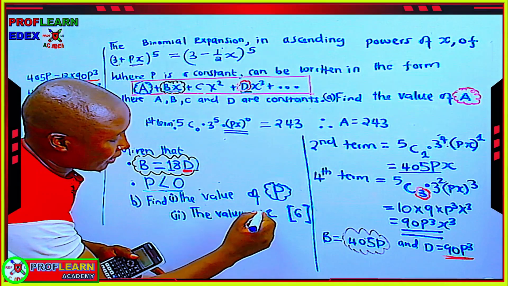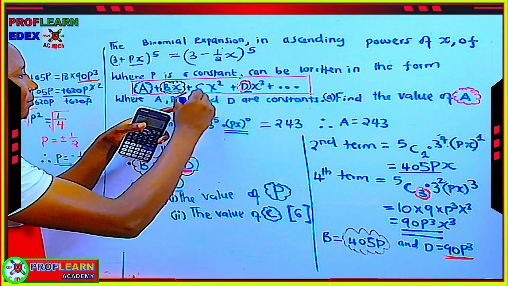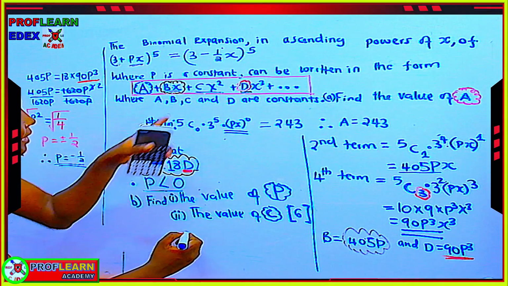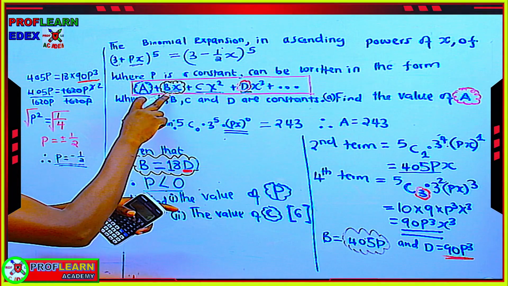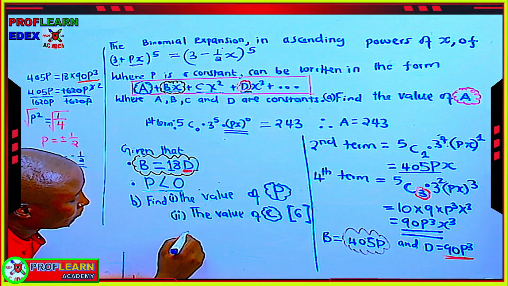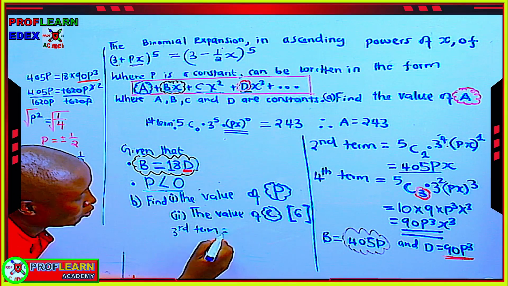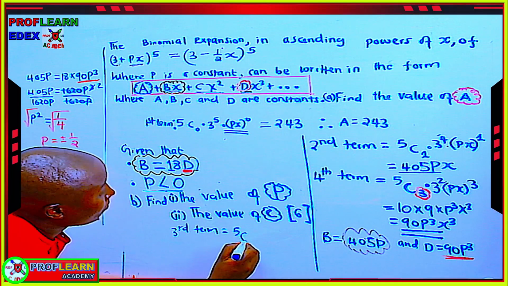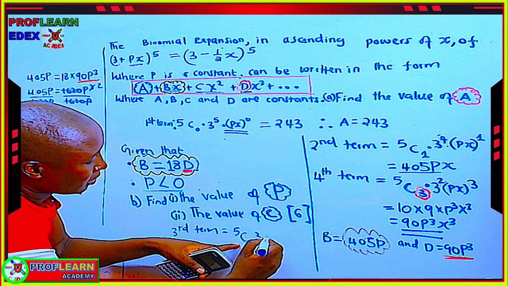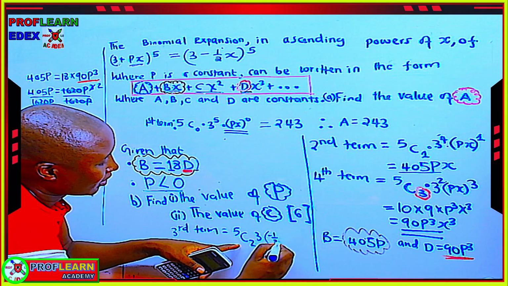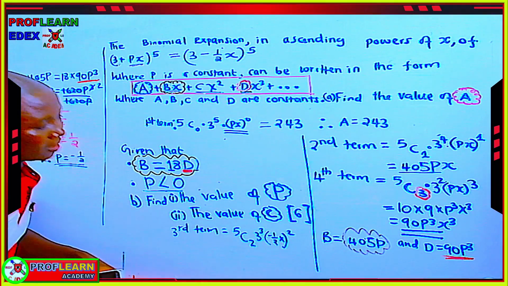And we are supposed to find the value of C. The value of C is actually the third term. Something I want you to remember is that at the third term, we are going to say 5 combination 0, 5 combination 1, 5 combination 2. So the third term is going to be equal to 5 combination 2, and this 2 we have said is going to be the power of the second term. So this will be power 2, but this one now will be power 3 here.